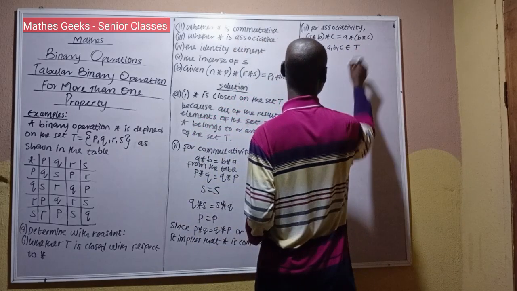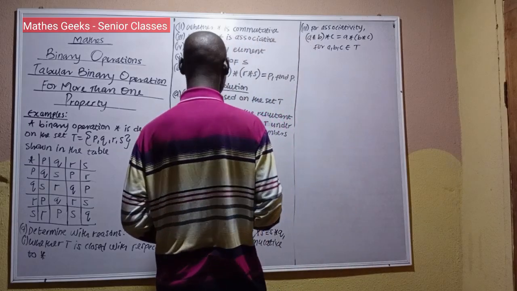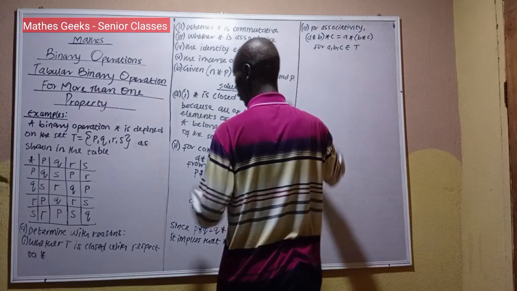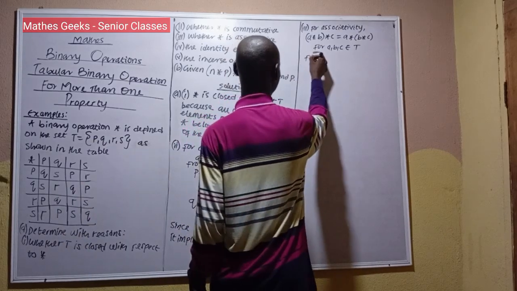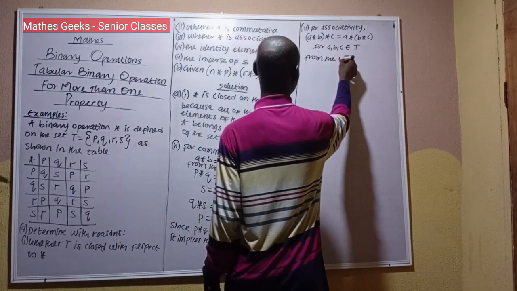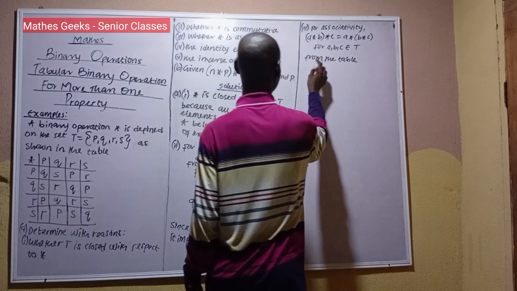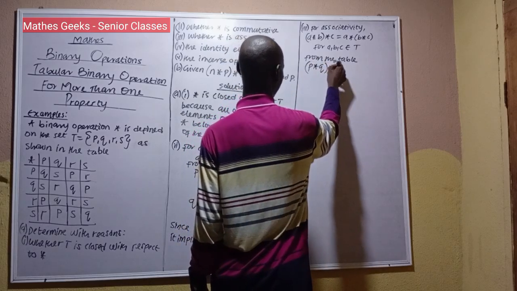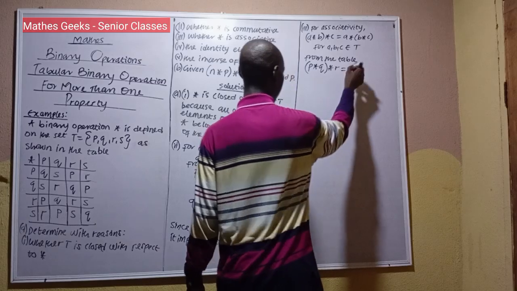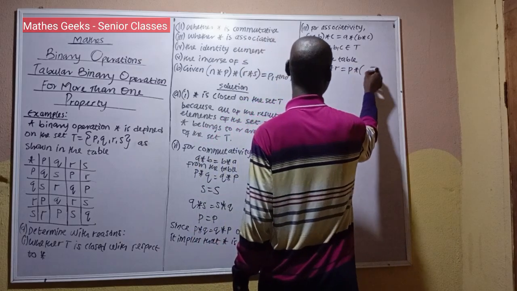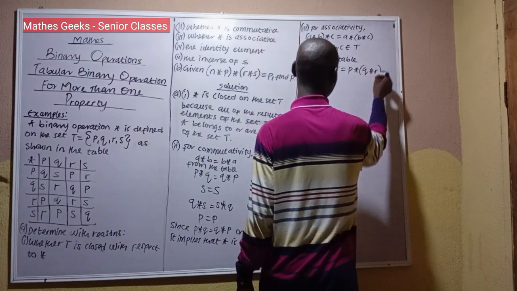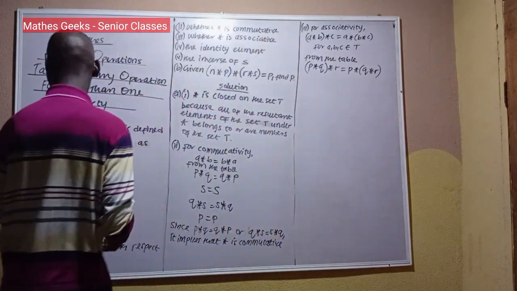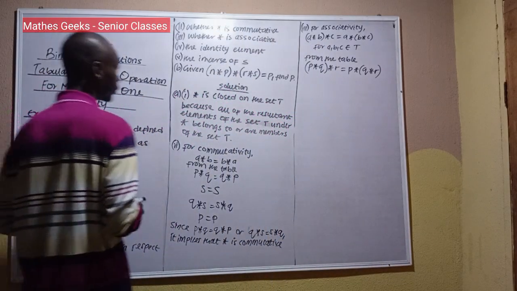So now we're going to replace these letters with what we have from the table. Can we say that (P star Q) star R is the same as P star (Q star R)? Let's find out. P star Q, what is it? P star Q is S.